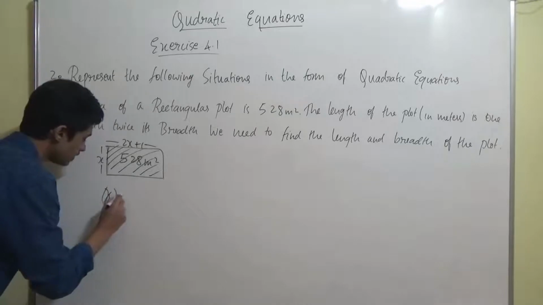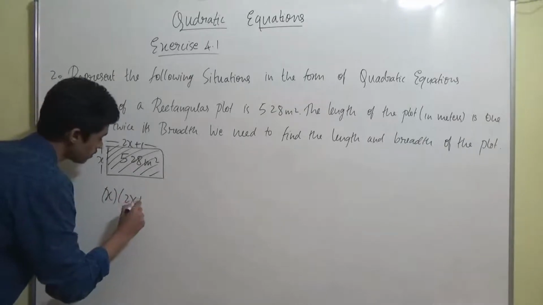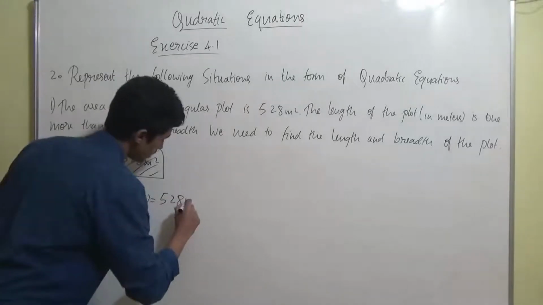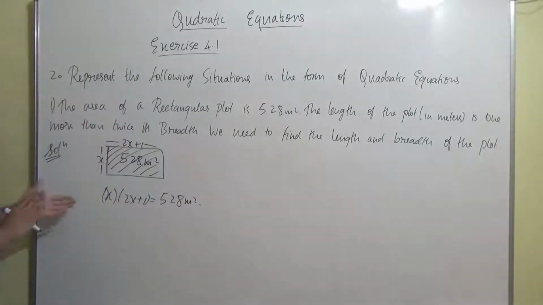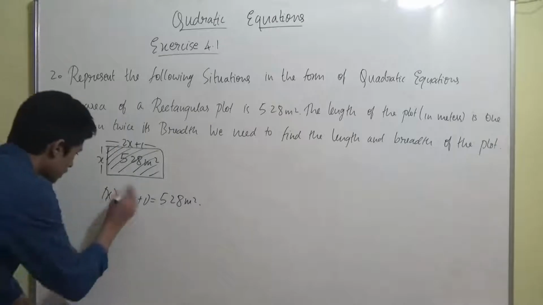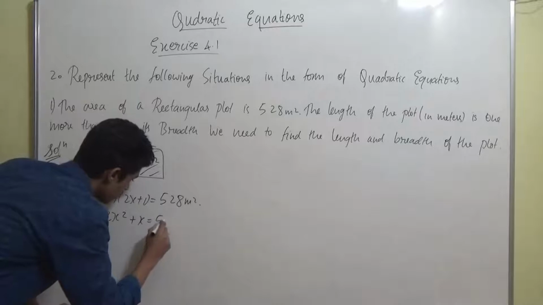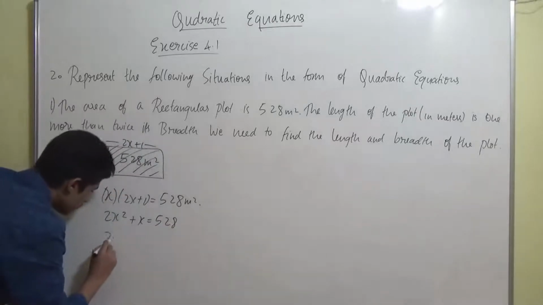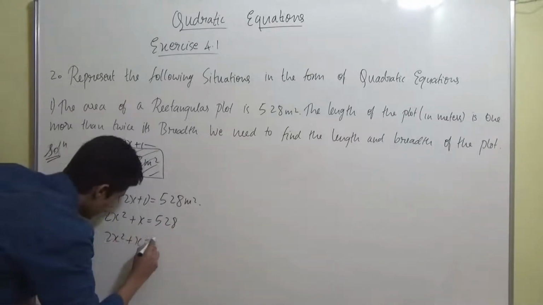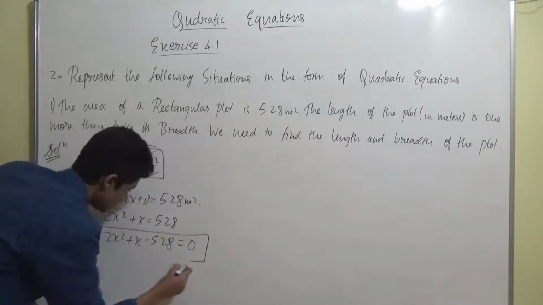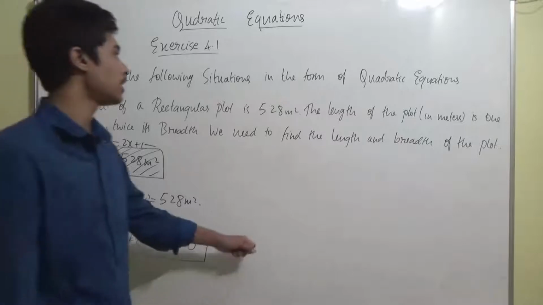Length into breadth equals 528 square meters. Now if you expand this, you are going to get the quadratic equation. This becomes 2x square plus x equals 528. So this becomes 2x square plus x minus 528 equals 0. So this is the quadratic equation which we had to form.